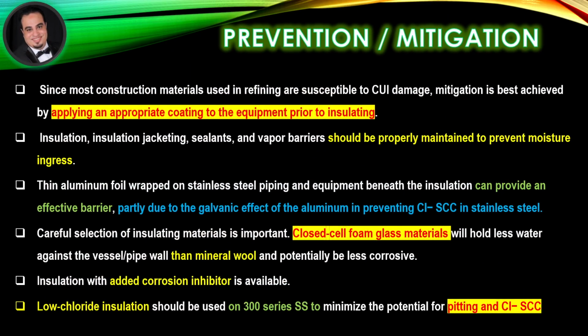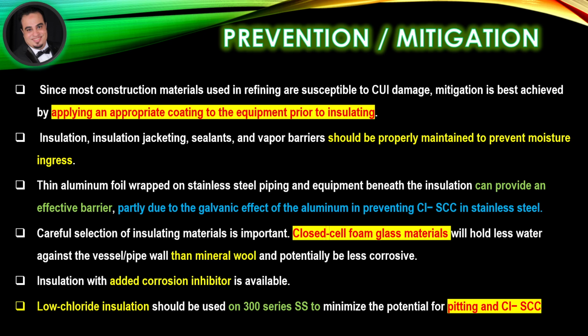Prevention, mitigation. Since most construction materials used in refining are susceptible to corrosion under insulation damage, mitigation is best achieved by applying an appropriate coating to the equipment prior to insulating.